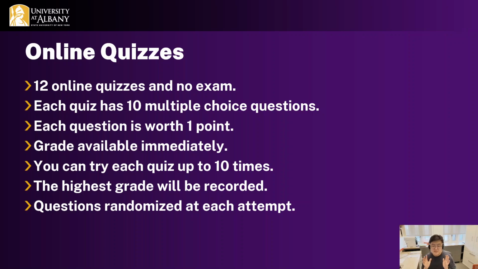So there is nothing you lose even if you try again. If you get 9 points at the first attempt, that is already a good grade, but if you want to try another time for 10, that's good. Even if you get a worse grade in the second attempt, you don't lose anything. The first attempt grade will be recorded as your grade.